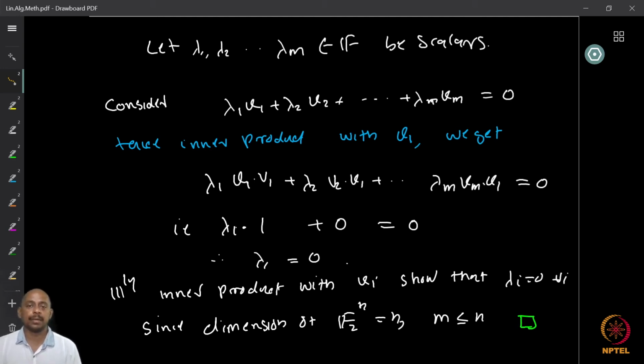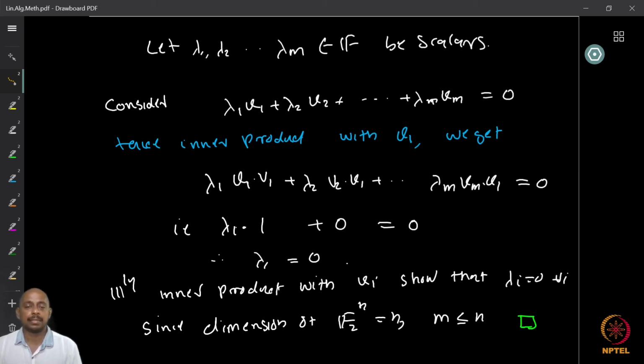When we say vectors are linearly independent, as we mentioned before, you cannot find scalars lambda 1 to lambda m, at least one of them non-zero, such that lambda 1 v1 plus etc. lambda m vm is equal to 0. If that is not possible, then they are linearly independent.